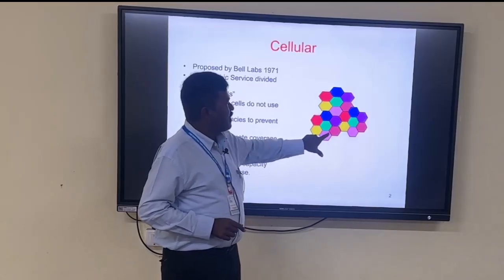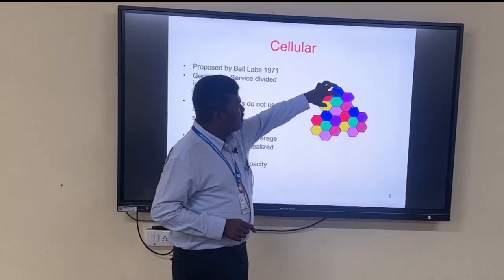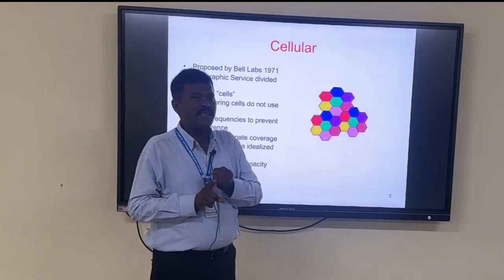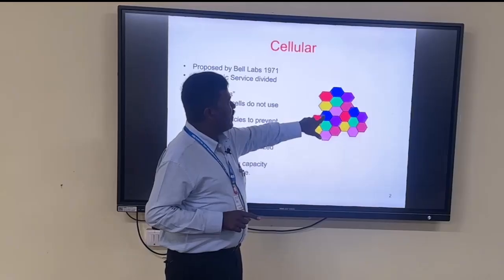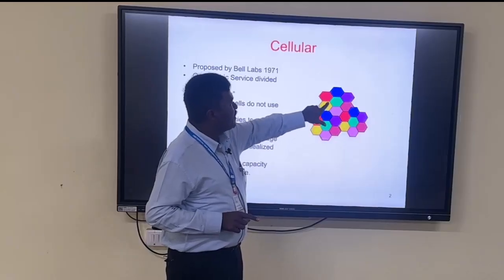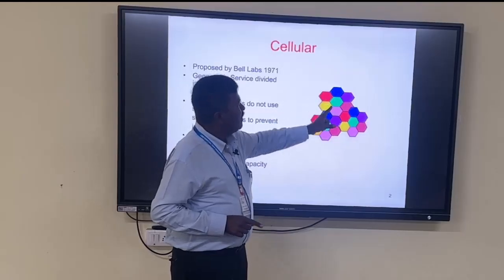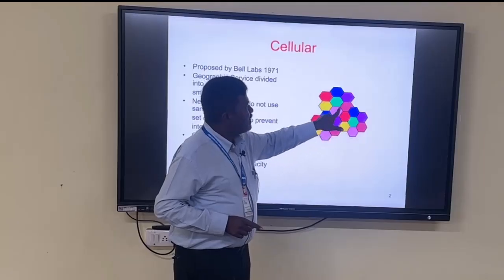This is one cluster, and this is another cluster, with the same colors again. You can match that this is where the frequency reuse concept comes in. This cell uses this frequency, and the same frequency can be used in this cluster too. This is frequency reuse. Again, in another cluster the same frequency is used here.